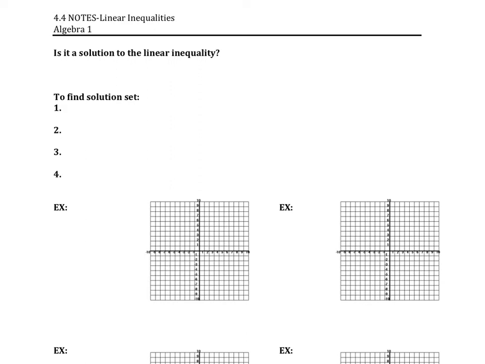So let's look at an example. Let's look at the example, y is greater than x minus 3. Okay, so that's an inequality, a linear inequality. And you may be asked, is the ordered pair (1, 2) a solution? Well, to determine if it's a solution, I'm going to do much the same thing I would have done if it was an equation.